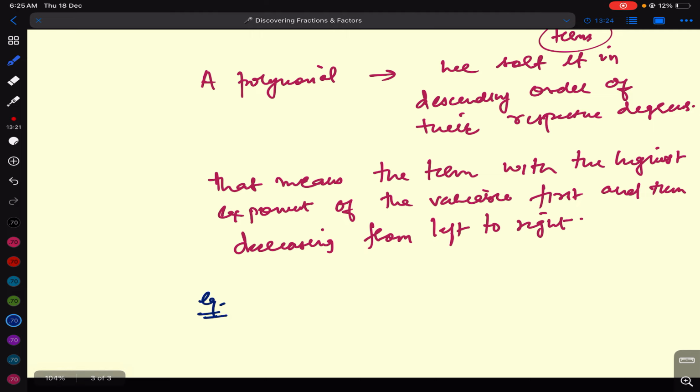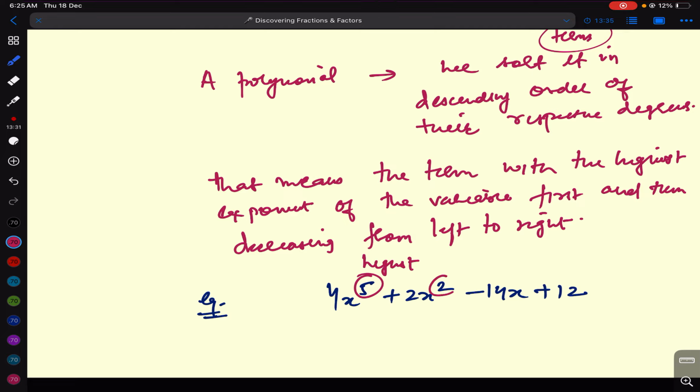The example here would be 4x to the 5 plus 2x square minus 14x plus 12. Here if you see, this is the highest degree, right? And then we have 2, then we have 1, and then we have 0. Why am I writing 0 here? Because a constant is taken as a 0 degree monomial. Clear?